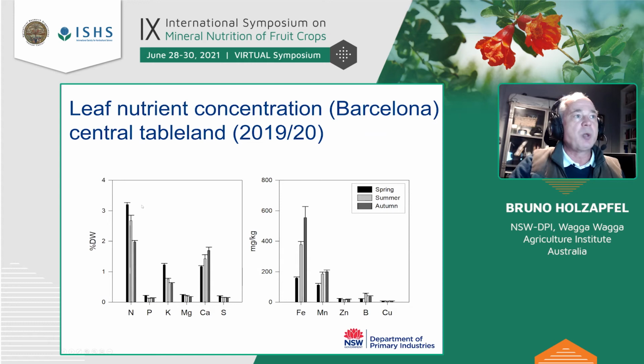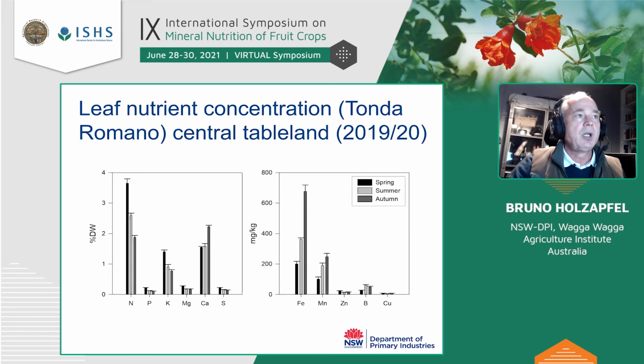A similar pattern with Barcelona. We have a decline during the season in nutrient levels, in particular in the macronutrients except calcium, and the increase for manganese and iron. But there's also a difference in variety behavior.